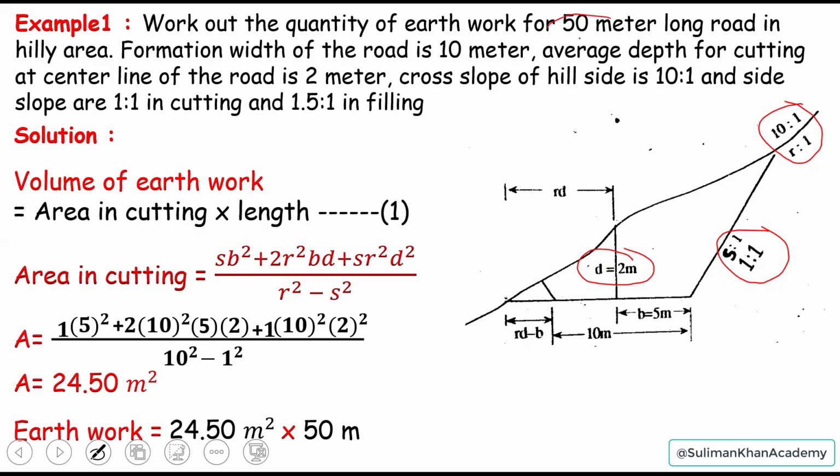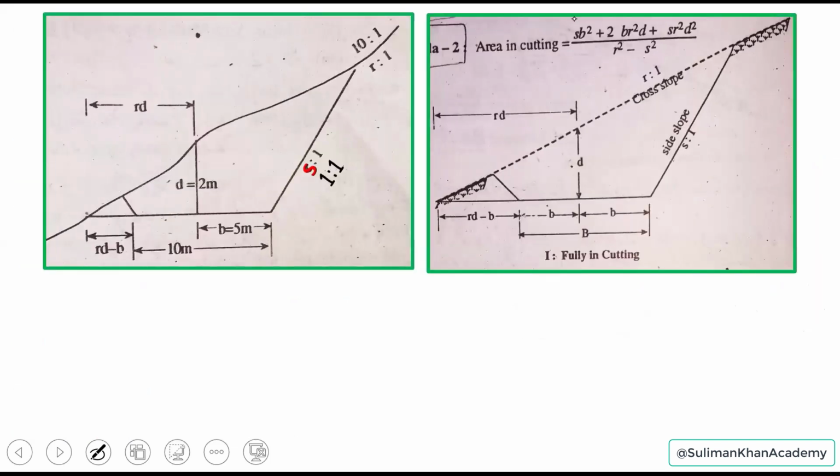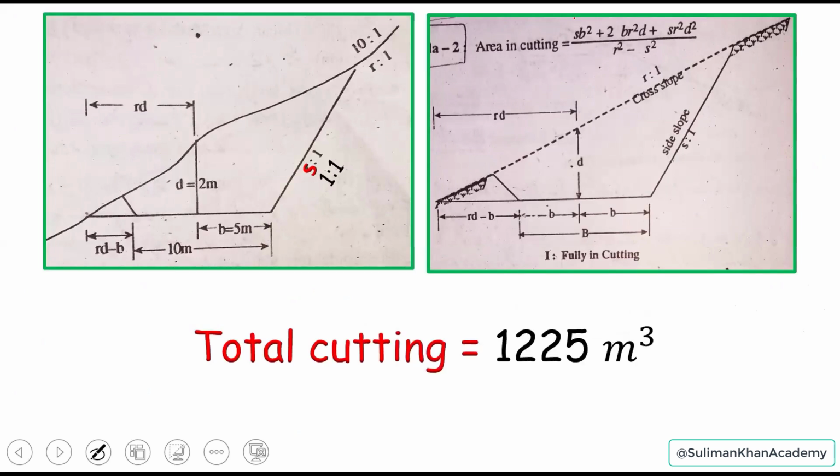Multiplying these two, we have the quantity, which is 1225 cubic meters. It means the final result is 1225 cubic meters of earthwork, which is this shaded area. This is going to be the earthwork for the same cutting.